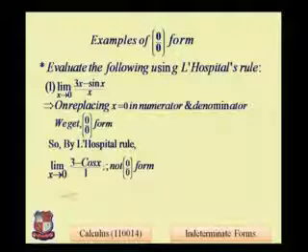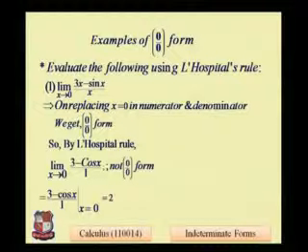So I am going to apply the limit on it, and the limit as we have applied, it is 3 minus cos x by 1. As x is equal to 0, the answer is 2. That is the finite value for the given function.